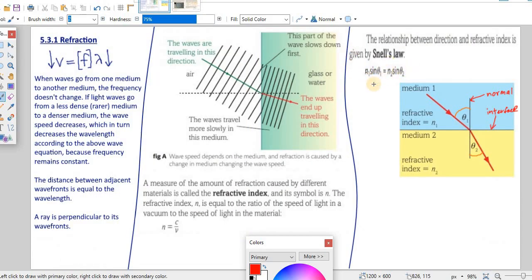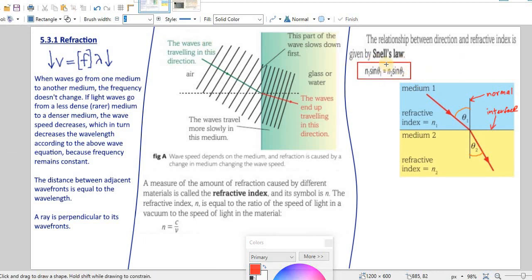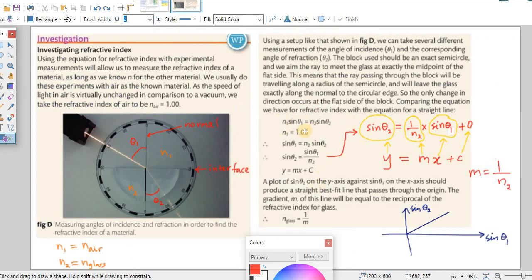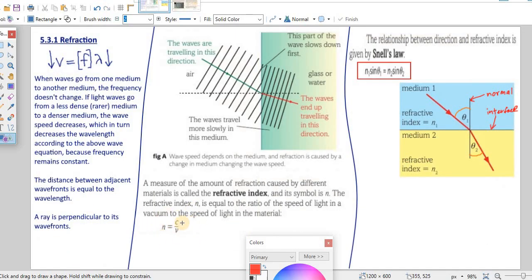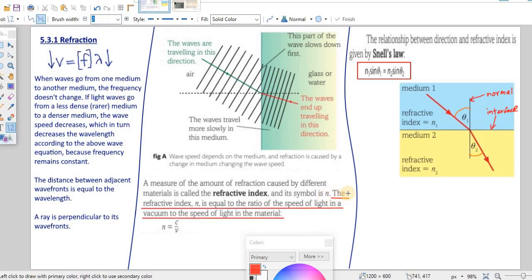So compare this. This equation is very important. Okay, I have put it in the red box because Snell's law is very important, and that's what we are using here. Now in the case of air, using this equation, this is the definition of refractive index. I have underlined it because it's important. The definition of refractive index is the ratio of the speed of light in vacuum to the speed of light in the medium.